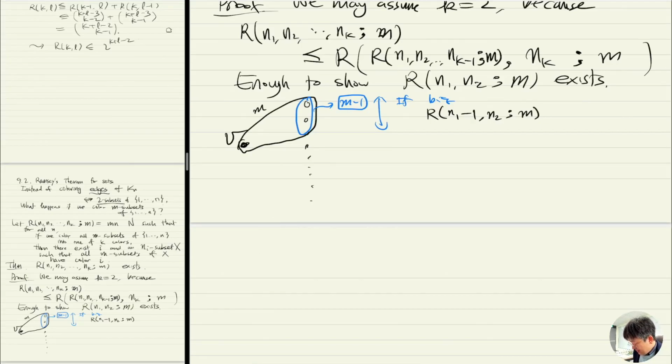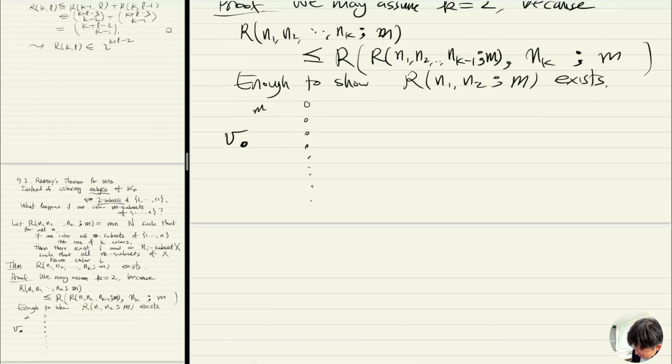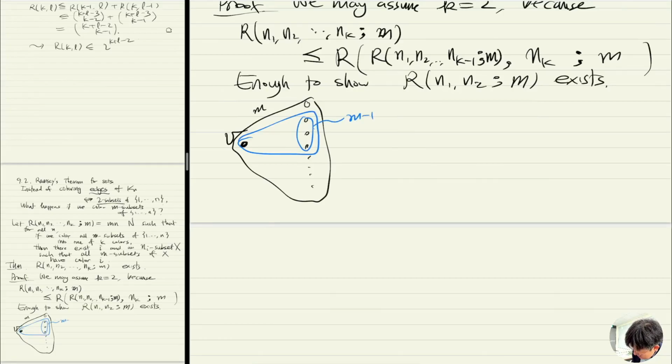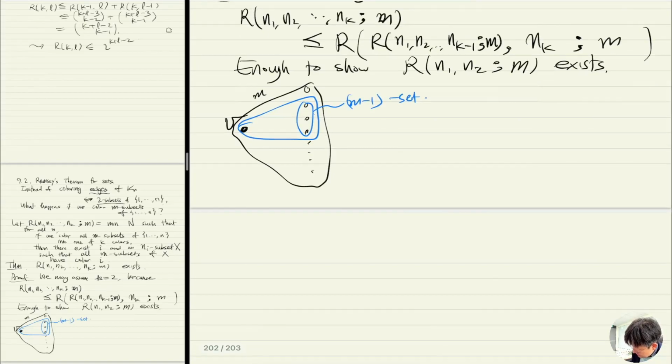All right, so what does that mean? Let me go back. What I want is, I pick one vertex V, and I look at all the sets of size m containing V, and that induces m minus 1 sets. Now I apply Ramsey here.